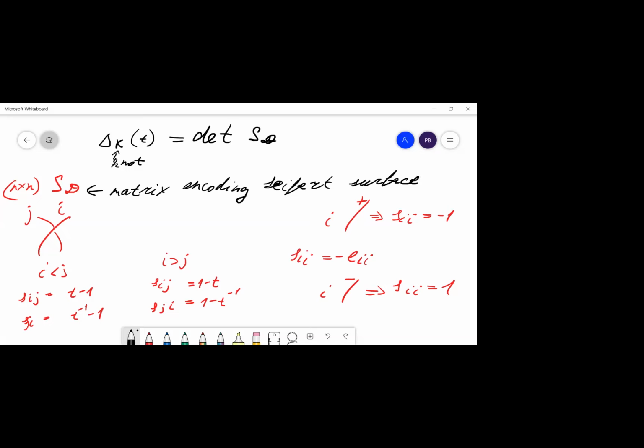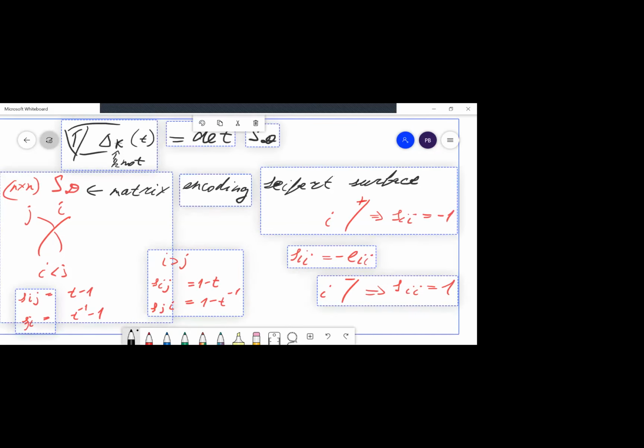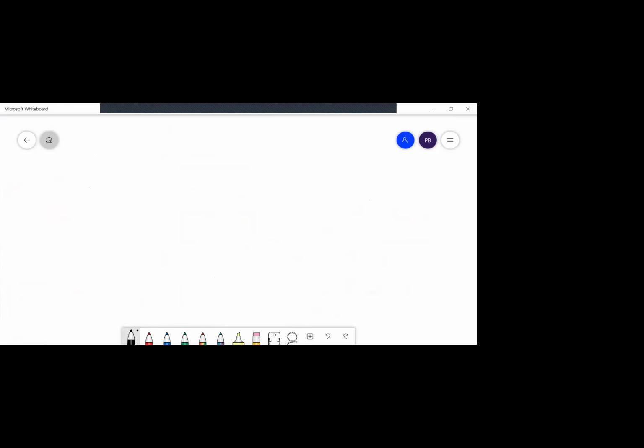It's nice because we can get a matrix from a chord diagram and immediately obtain an Alexander polynomial. And that's a theorem. So I guess let's prove it. I'll delete everything, I guess.